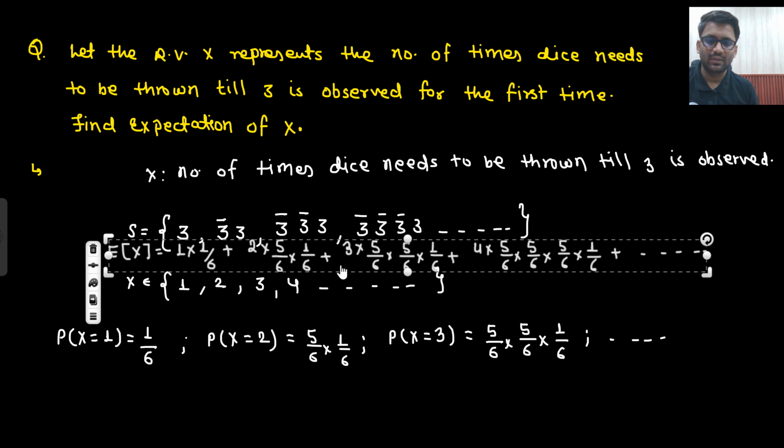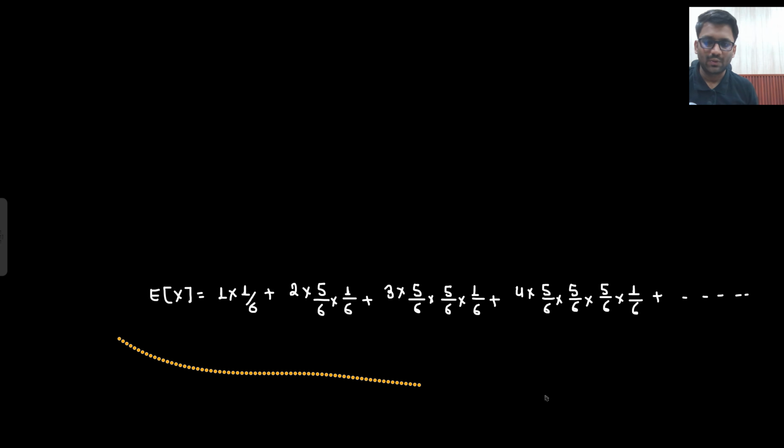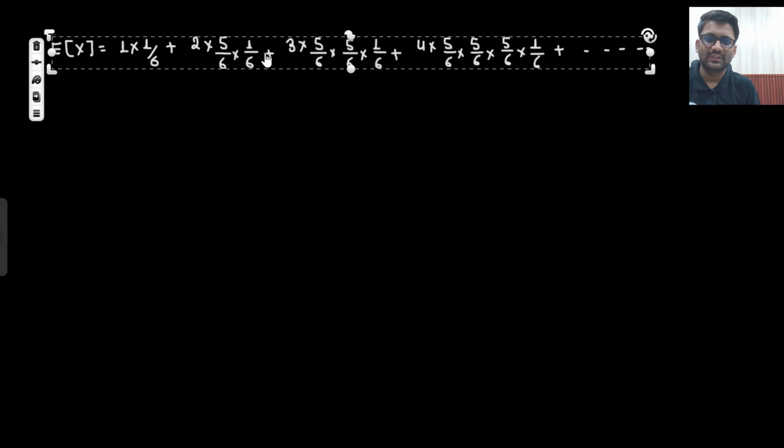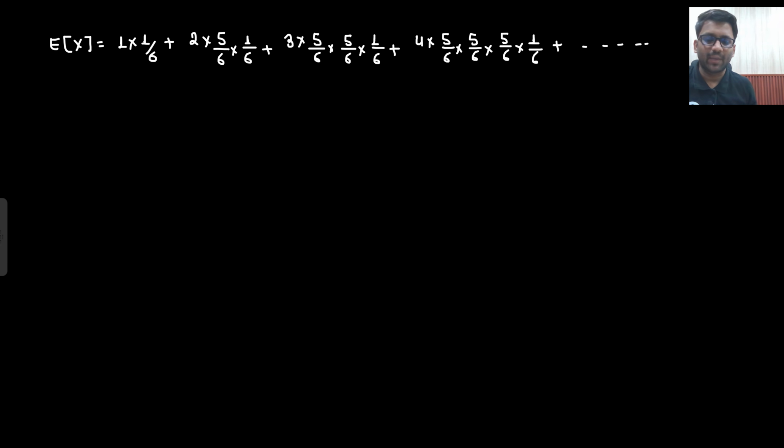So I will just copy it. You just need to solve this summation now. So this has become a question of aptitude. So what you will do, 5 by 6 into expectation of x. Basically I will multiply the first term with 5 by 6.